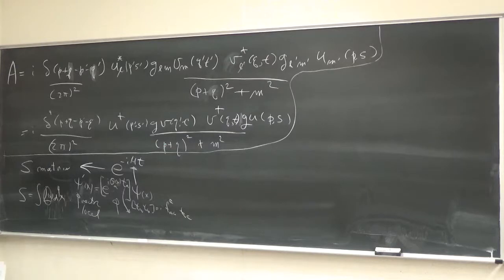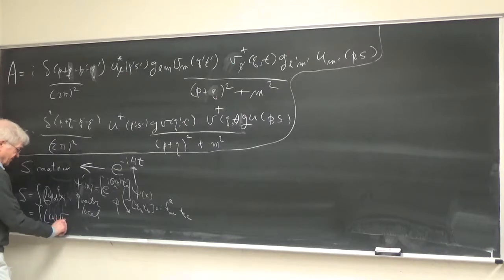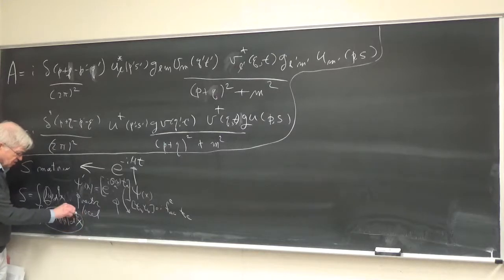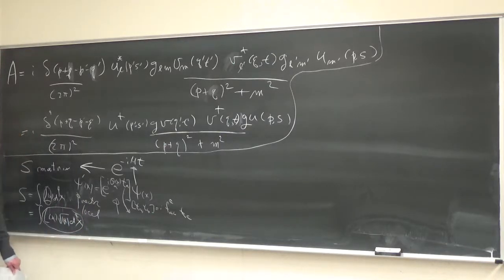If you're doing gravity, then it looks more general. It's L of x times the square root of the absolute value of the determinant of the space-time metric, d4x. And then what you want is that this quantity should turn into the same thing with just primes on the x variables.